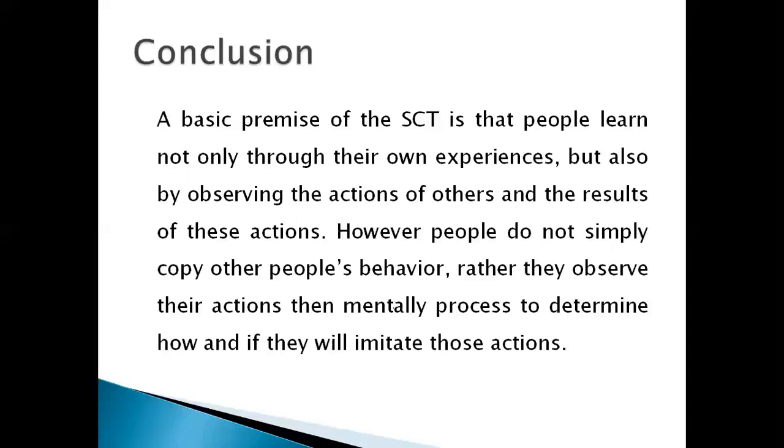However, people do not simply copy other people's behavior. Rather, they observe their actions and then mentally process it, which is the cognitive part, to determine how and if they will imitate those actions. So this is about social cognitive theory.